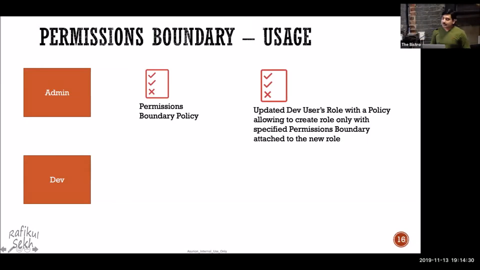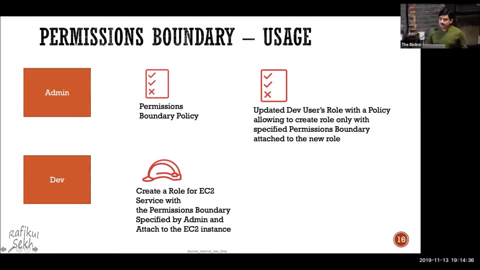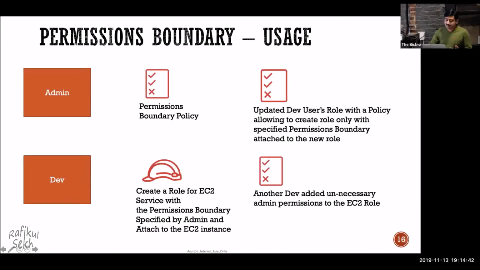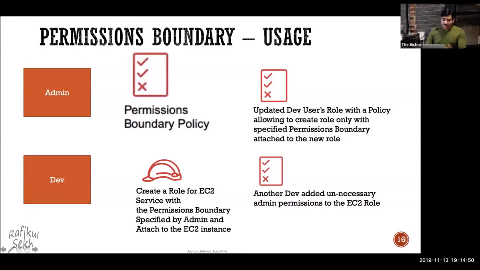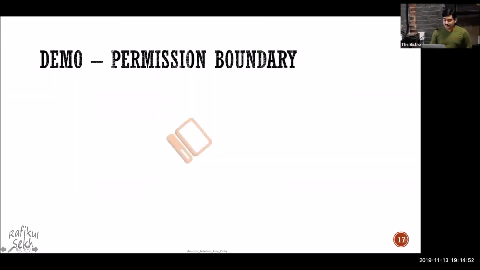But when I create the role, the admin will restrict me to use this permission boundary. So if I use the permission boundary and attach that role to EC2, then even if after some days another developer comes and attaches some unnecessary permission there, nothing wrong will happen. So that's how permission boundary works. And the maximum permission will be within that boundary.